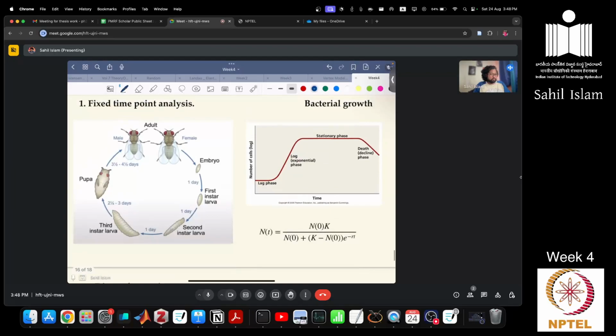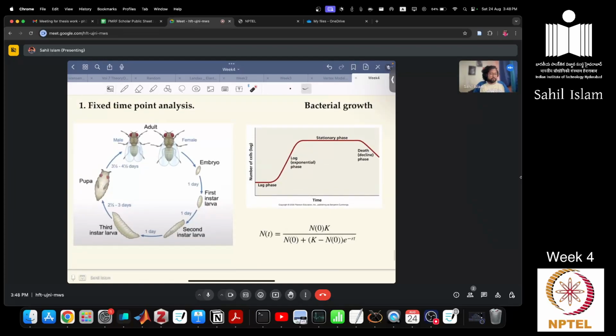So what is fixed time point analysis? You look at a whole process not continuously but in a discrete manner. You take snapshots of different stages of that whole event and try to get an idea about that event.